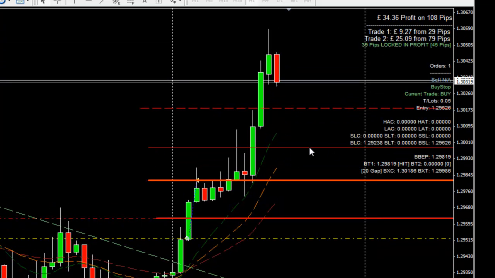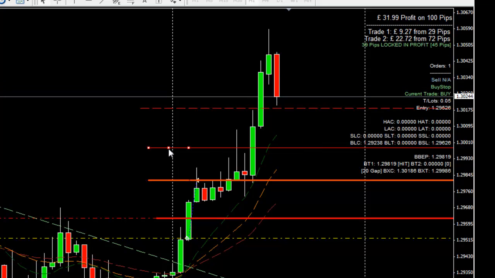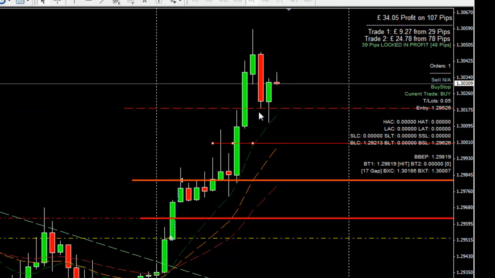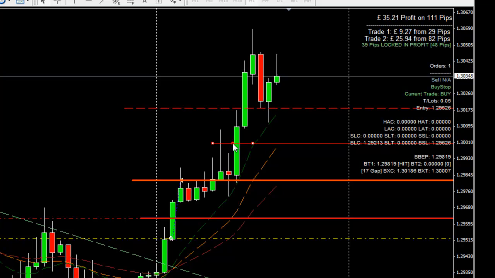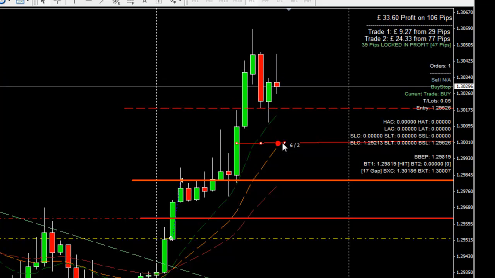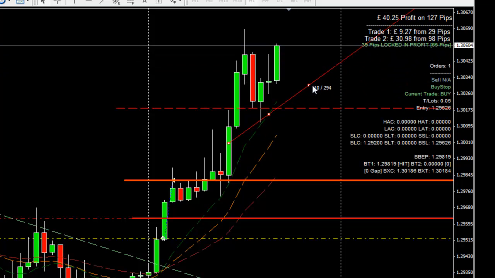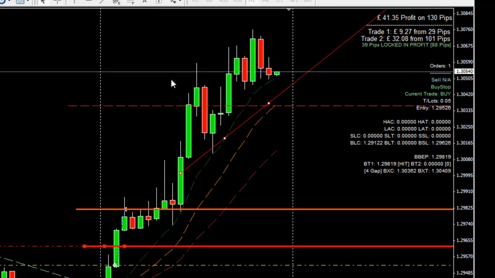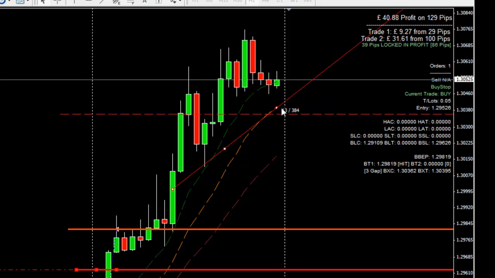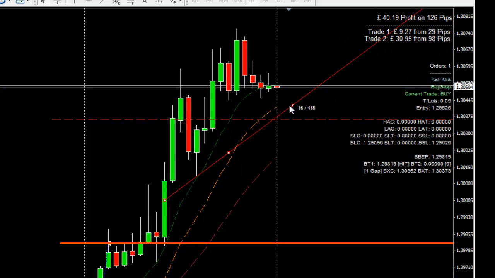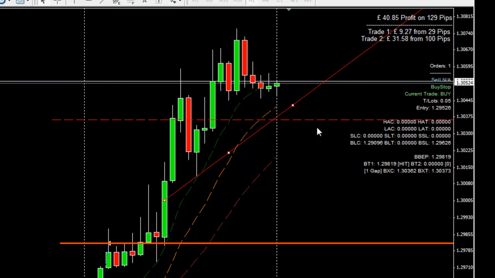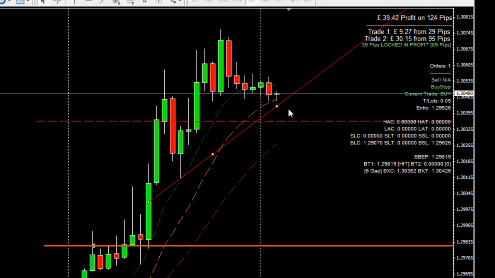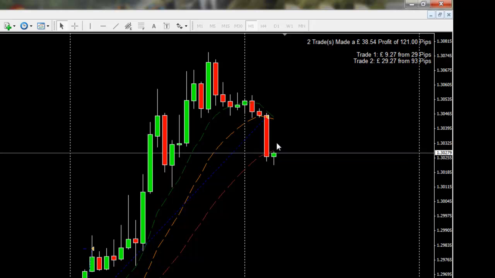Do this line to move this over. It's trying to close below that line. We can move that over to here and angulate our exit on touch. There we go. Down it came.